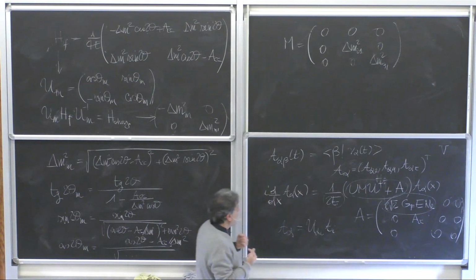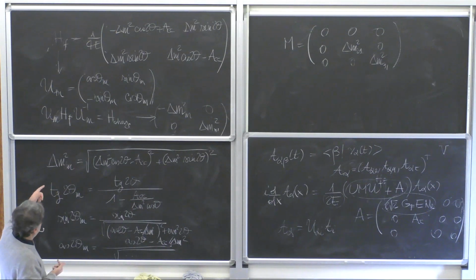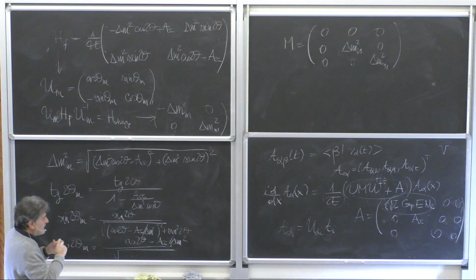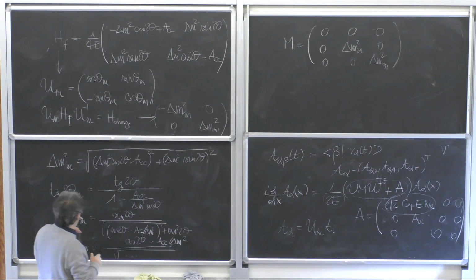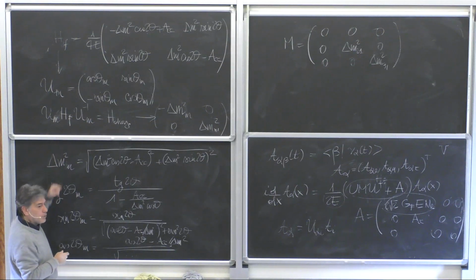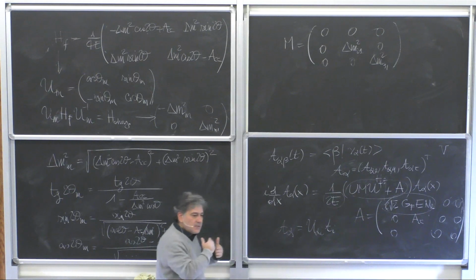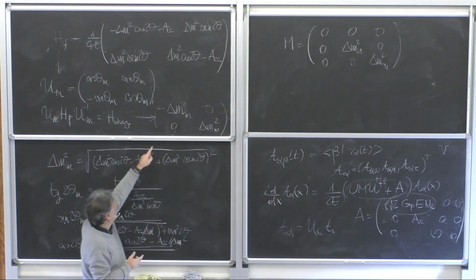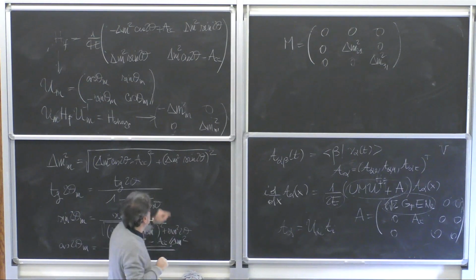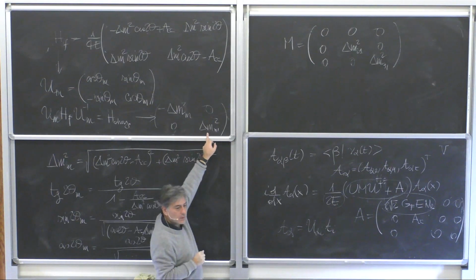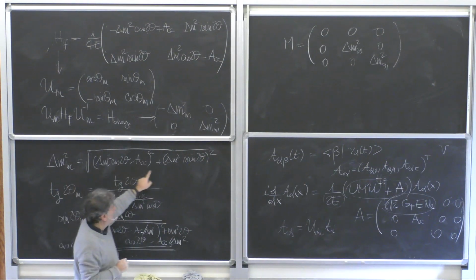So if we go from the flavor eigenstates or the mass eigenstates in vacuum through this matrix U to the mass eigenstates in matter, this will evolve simply with the phase e to the minus i delta m squared, depending on this new quantity here.